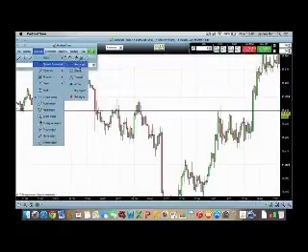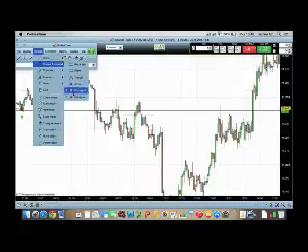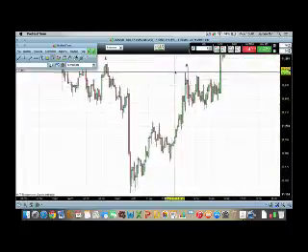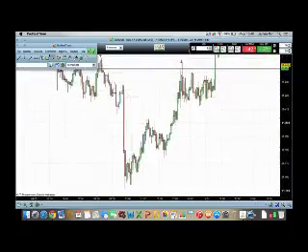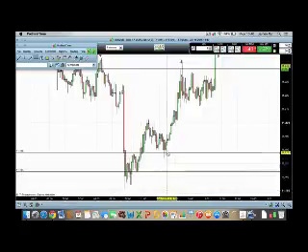You can see it's touched here. Here, here, here, and here. So that's a fairly significant zone. Well, certainly for scalping is. You've got another one down here.